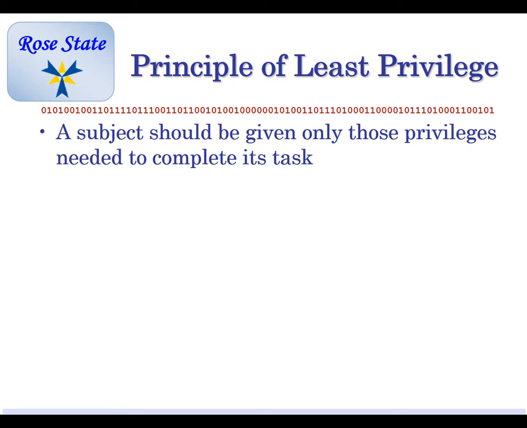There's the principle of least privilege. It says a subject should be given only those privileges needed to complete its task. So we've got Juan over here who's a student. Does he need administrator access to be a student? No, he does not. But he would like it, I have a feeling.